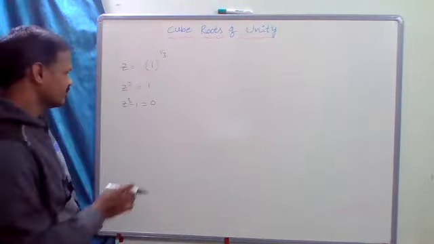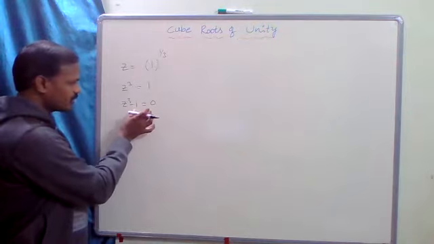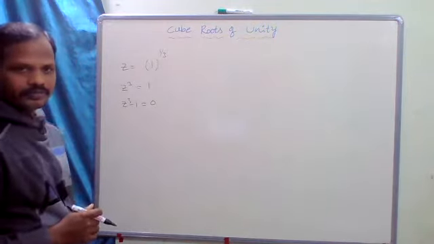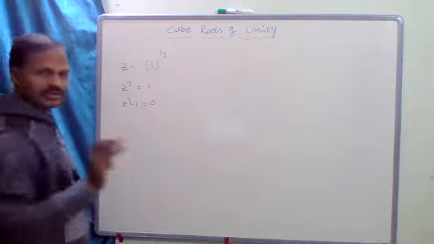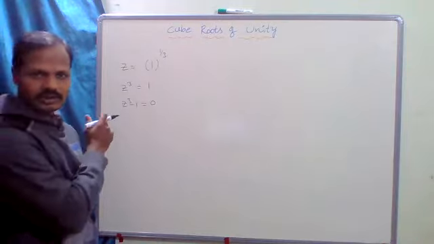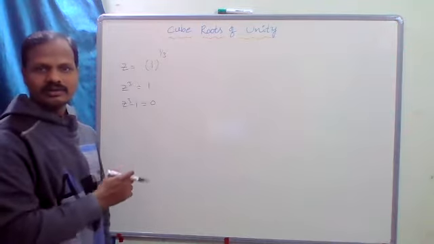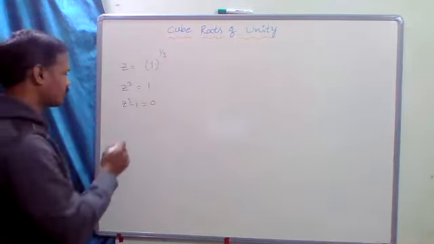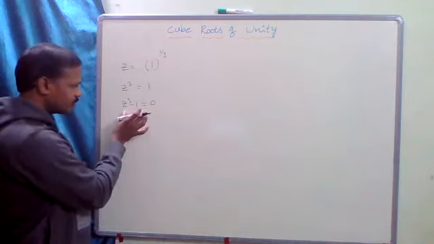Clear? Now z cube minus 1 equal to 0. Since it has 3 roots, the roots can be found in 2 ways. One of them is by expanding this.